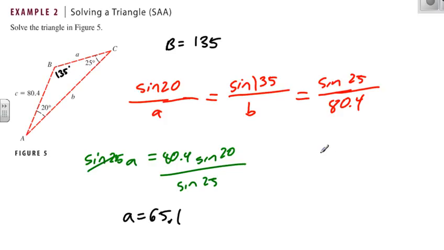Now let's do the same thing over here, but solve for b. So we have sine of 25 times b equals 80.4 times the sine of 135. 135 is just 45 degrees more than 90, or 45 less than 180, however you want to think about it.